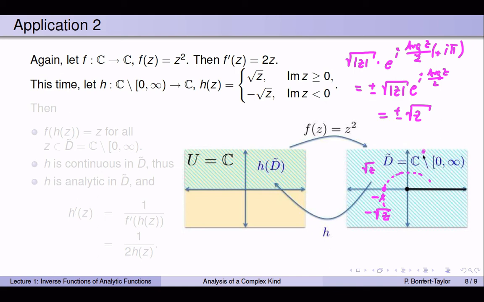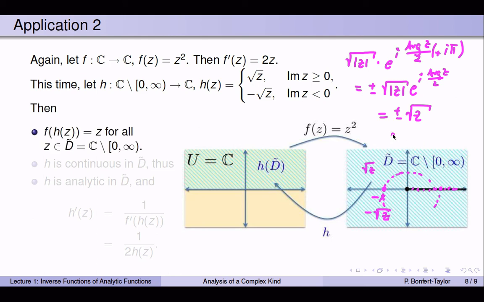That's why we need to exclude the positive real axis, because as z approaches a positive value on the real axis, the square root of z approaches a real value that's on the positive real axis, but minus square root of z as we're coming from below will approach a value on the negative real axis. So this function h of z is not continuous across the positive real axis, but continuous everywhere else in the complex plane.